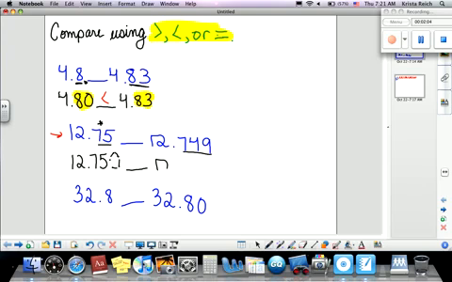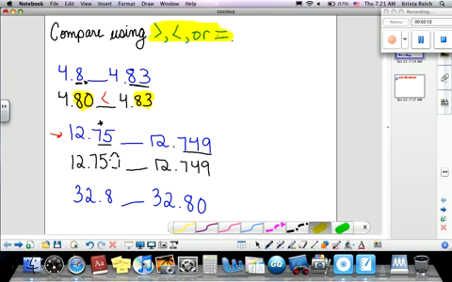And then this one stays the same. And again, I can just simply compare now using the numbers at the end of the decimal. So which is bigger, 750 or 749? 750 is bigger. So 12.75 would be bigger than 12.749.